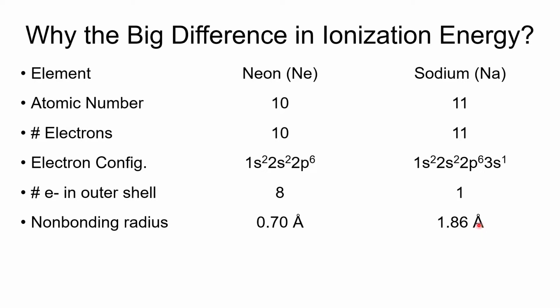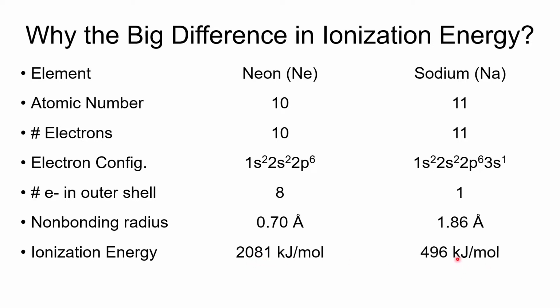That means that the outer shell electron is much further away than the outer shell electron in neon. And then finally, the ionization energy is much larger for neon than it is for sodium. All right, so that is why we have such a big difference in ionization energy.